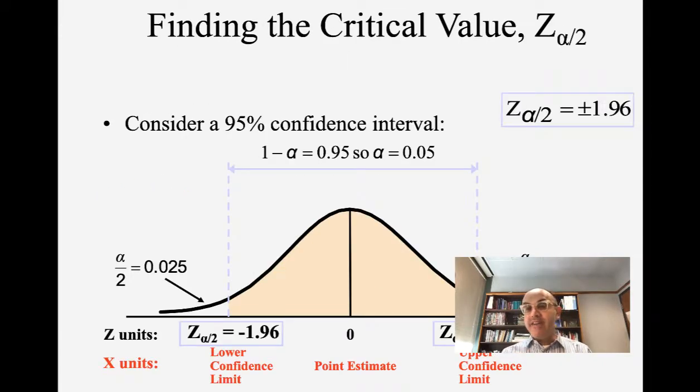For finding the critical value, this is where we apply the z-score. I lay out for you where the z-scores come into play, where the lower confidence limit and the upper confidence limit are located, and how we apply them.